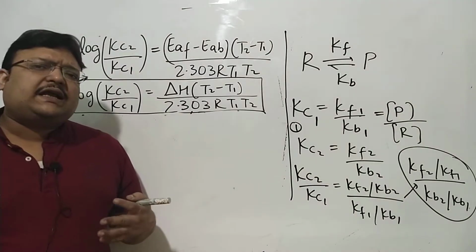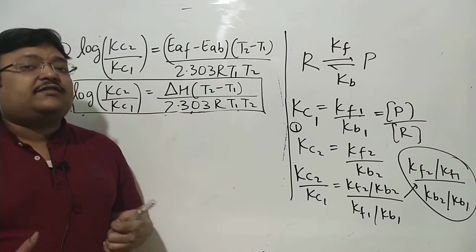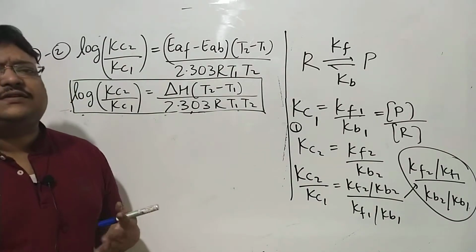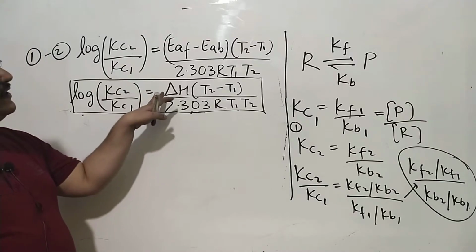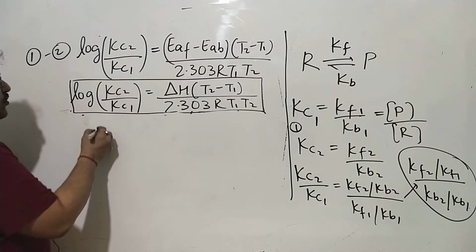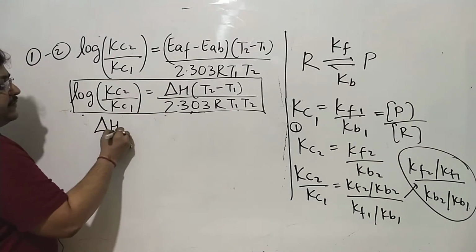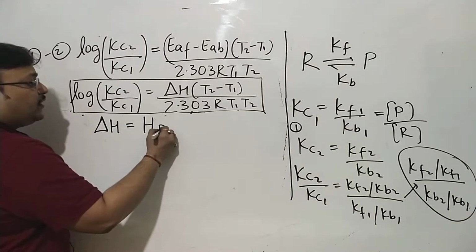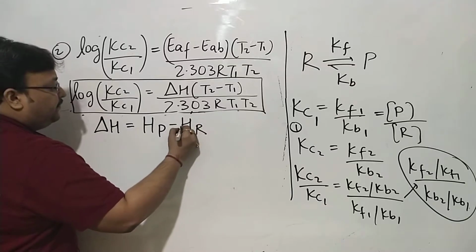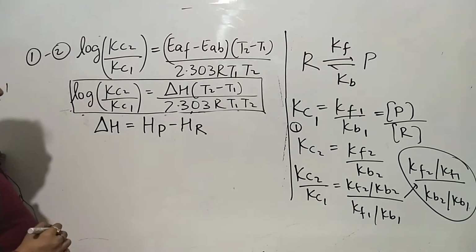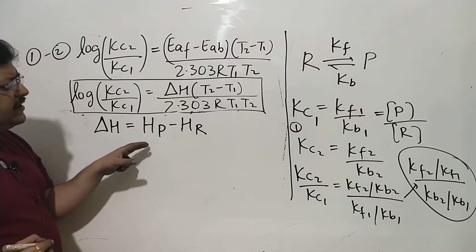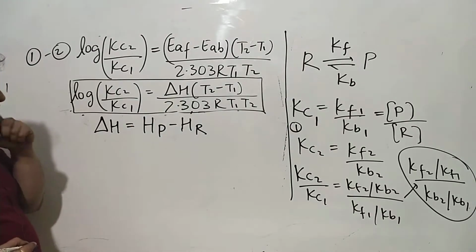For the time being, you can take enthalpy as the heat content, energy content of a set of molecules or system. So this is the change in heat content of a reaction, and naturally it would be the difference in the heat content of product and reactant: final minus initial, product minus reactant. You will call it the enthalpy of product, enthalpy of reactant, energy content of product, energy content of reactant.